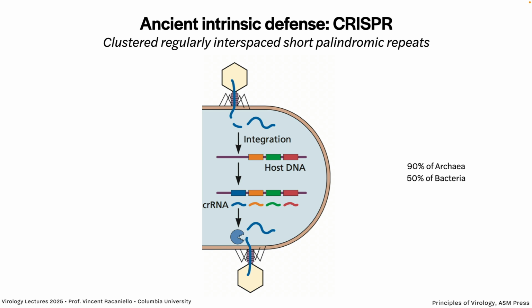And these are transcribed into short CRISPR RNAs. And then when a new phage infects that cell, the CRISPR RNA directs the degradation of the phage DNA by a Cas protein, a CRISPR-associated nuclease.